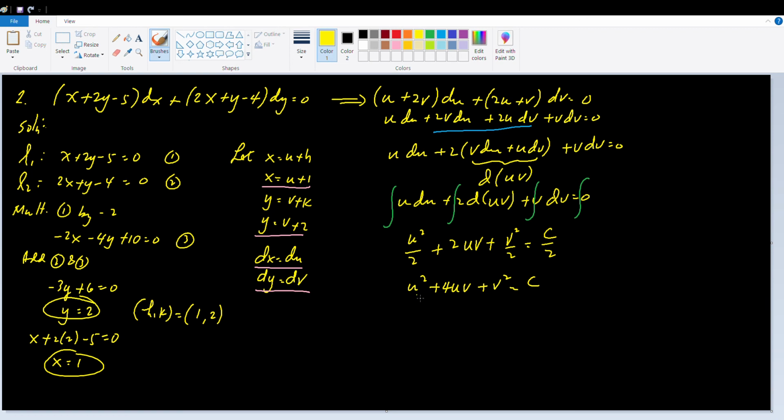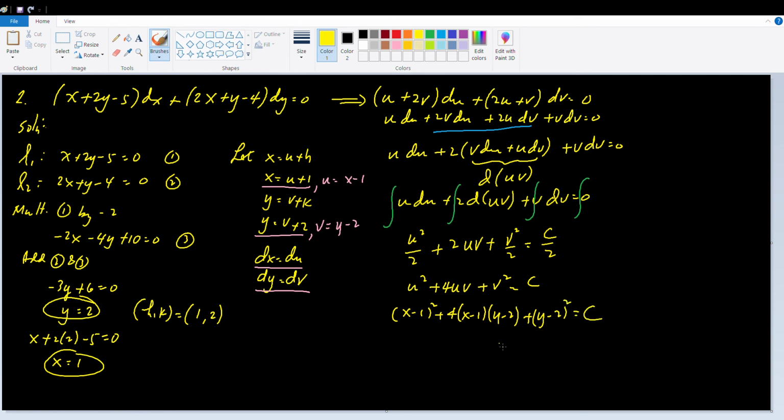Okay? Now, what is our u? Our u is x minus 1 and our v is y minus 2. So x minus 1 squared plus 4 times x minus 1 times y minus 2 plus y minus 2 squared equal to c.